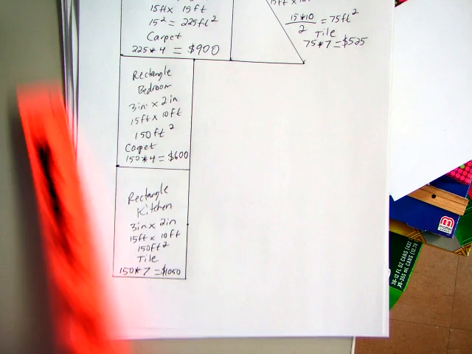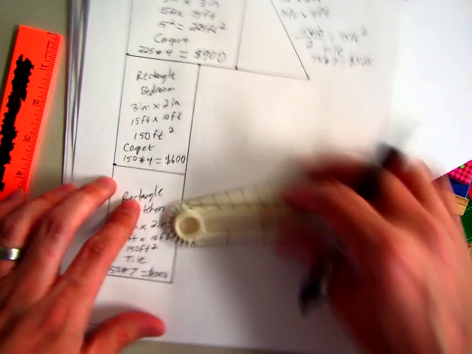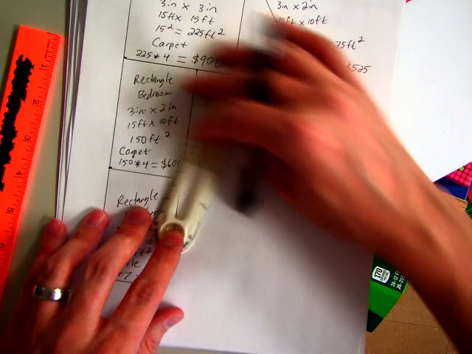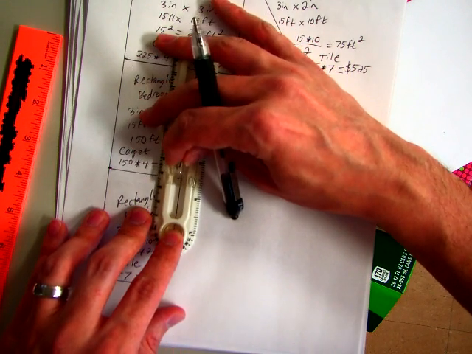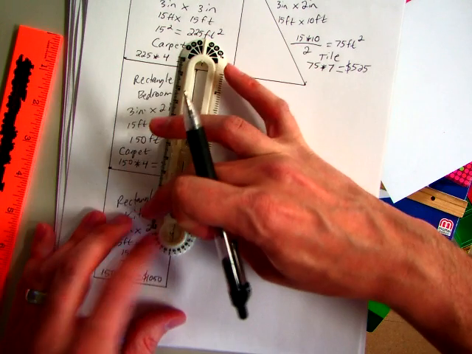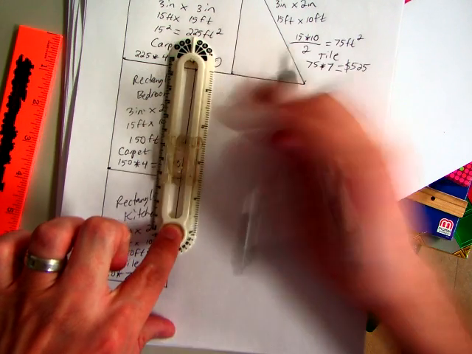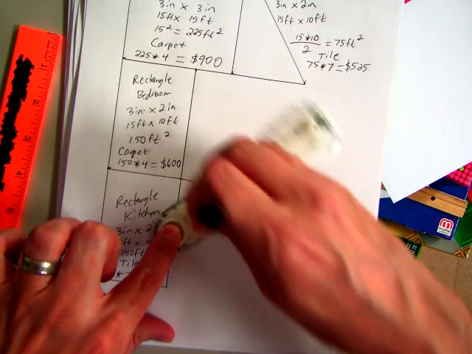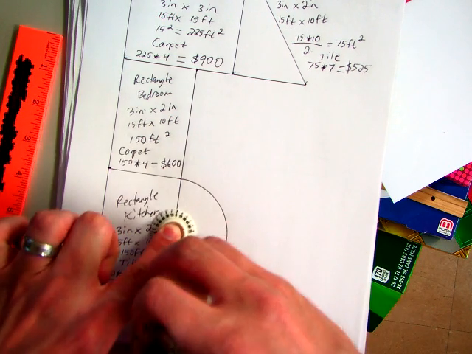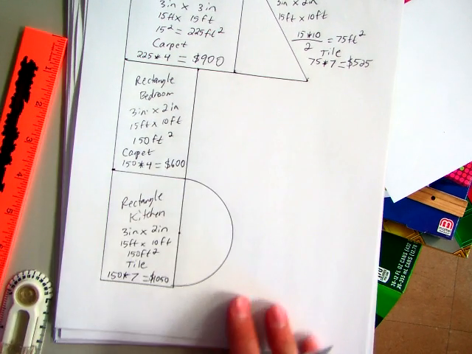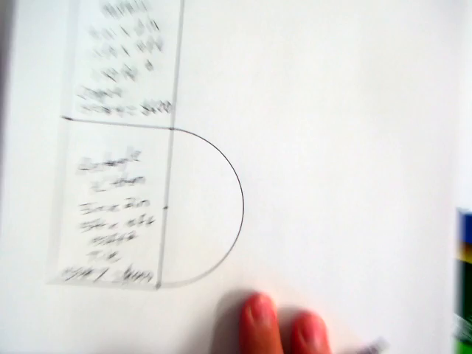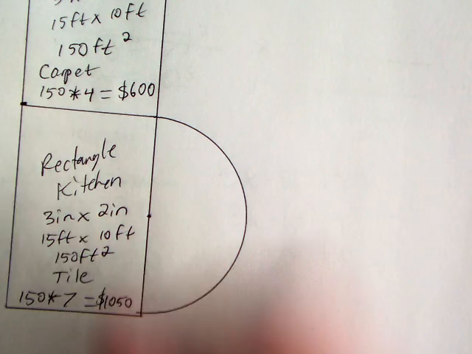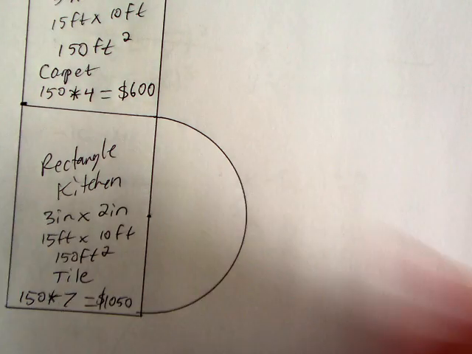And let's say I use a radius of 1.5 inches. There we have it. Let's call this, I don't know, how about a bathroom?